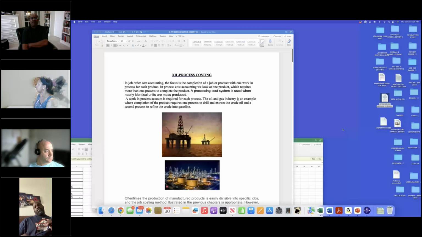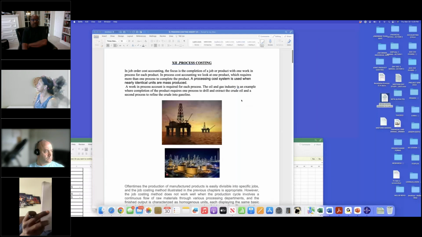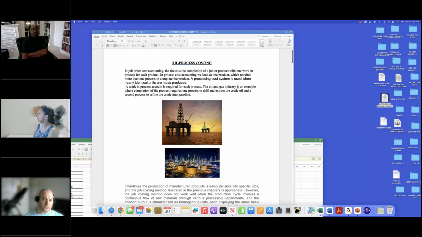And so let me see if I can share my screen. Okay, so in process costing, and that's very relevant here in Houston, in the Gulf, oil is drilled for and brought out as crude oil.